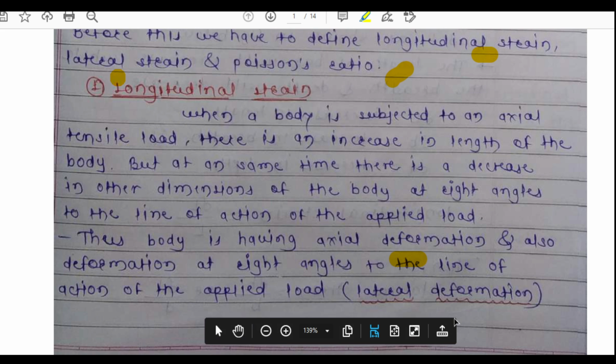Now axial deformation is also called as your lateral deformation. ओके, lateral deformation मतलब क्या है, जो लाइन ऑफ एक्शन है, लाइन ऑफ एक्शन के अलोंग जो आपका डिफॉर्मेशन होगा, दैट डिफॉर्मेशन इज कॉल्ड एज योर एक्सियल डिफॉर्मेशन. एंड ऑल्सो एट द सेम टाइम जो परपेंडिकुलर डायरेक्शन में डिफॉर्मेशन होगा, दैट डिफॉर्मेशन इज ऑल्सो कॉल्ड एज योर lateral deformation.